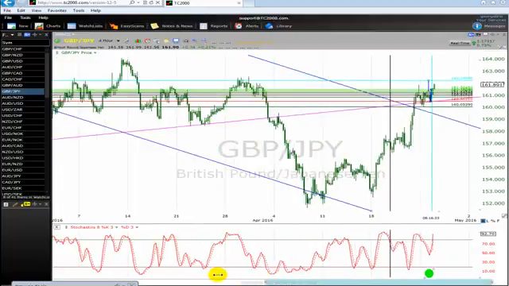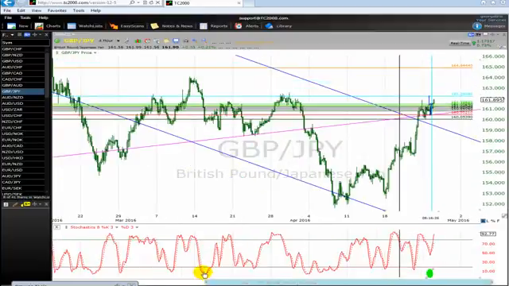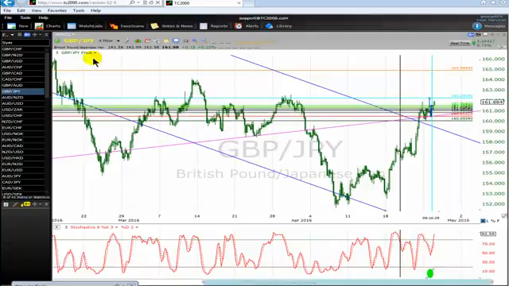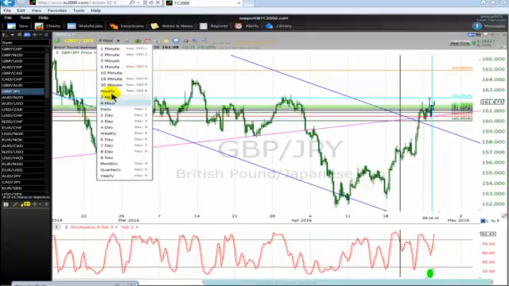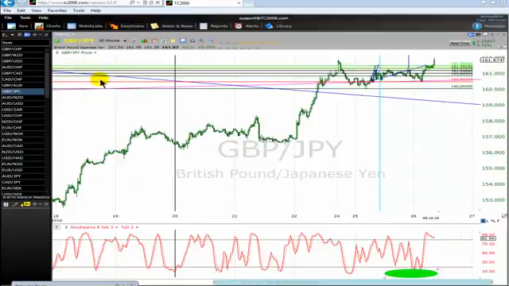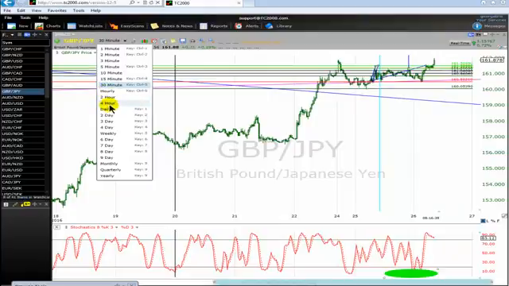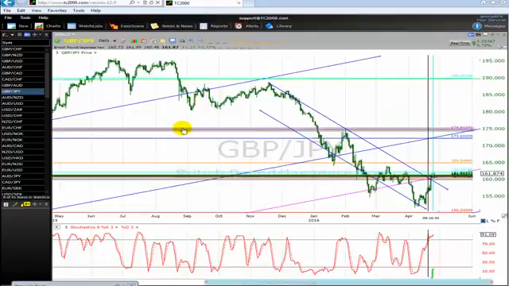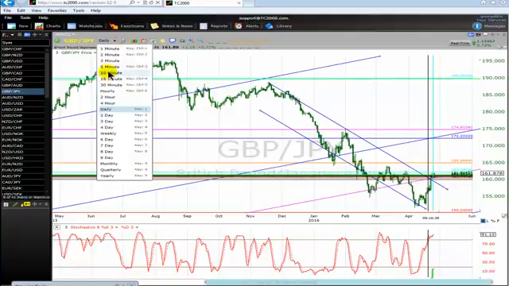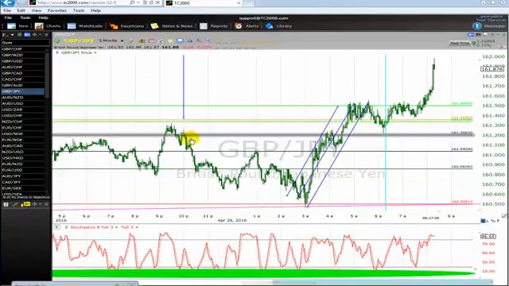Okay, I leave it as it is now. Going to the 30-minute time frame because I have too many lines here and I'm trying to zoom into my chart. Just getting a bit frustrating. Well, going back again to the 3-minute time frame.